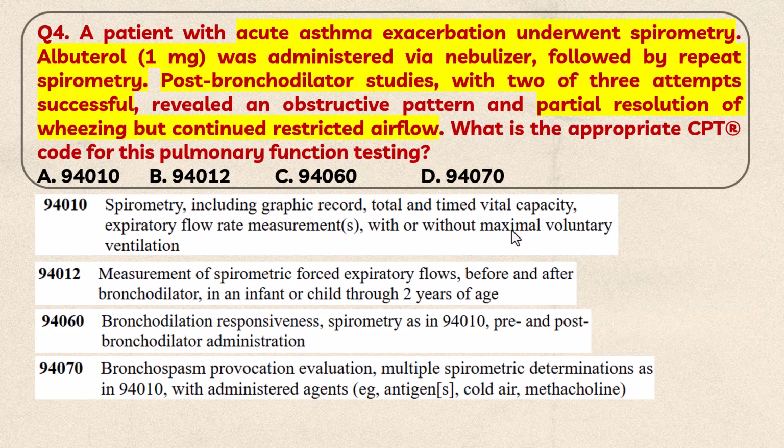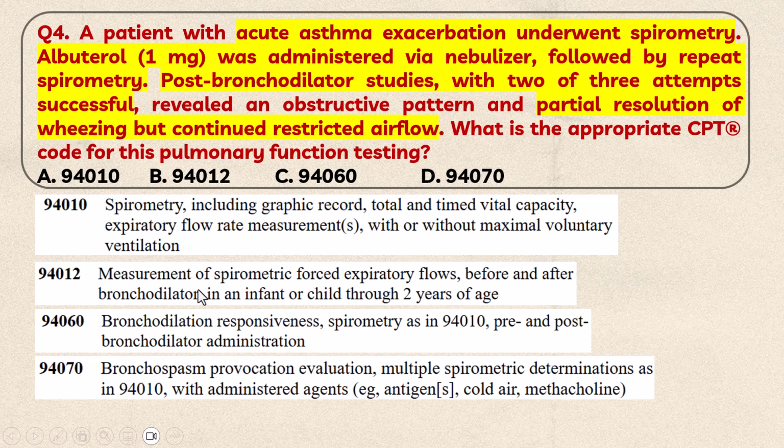So when you directly go to the code 94010, that is spirometry including graphic record, total and timed vital capacity, expiratory flow rate measurement, with or without maximal voluntary ventilation. So here it is not mentioning any drug given or the final output, that is the continued restricted airflow, not mentioned here.